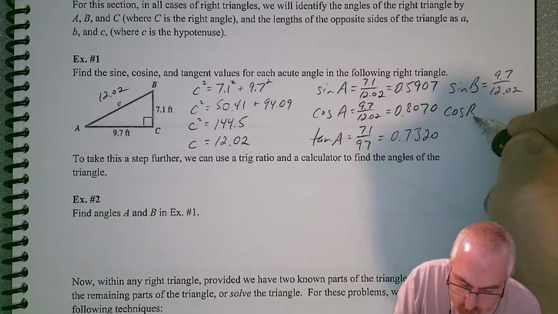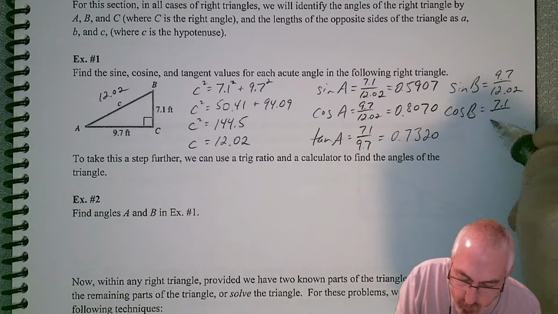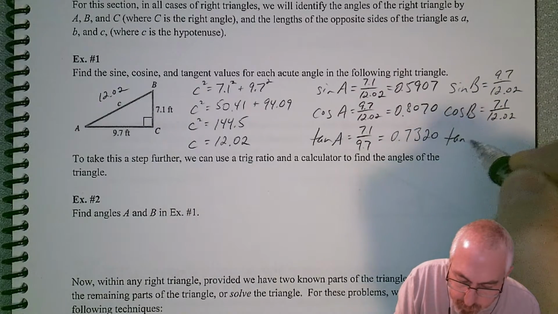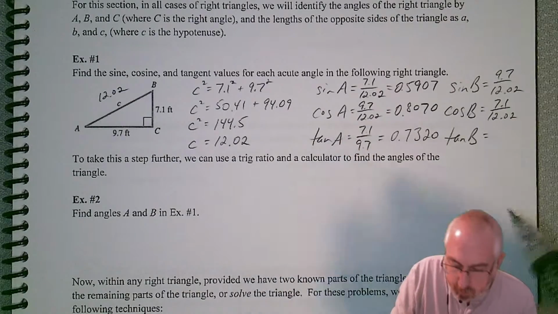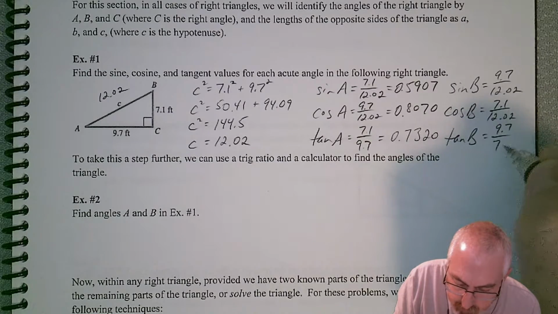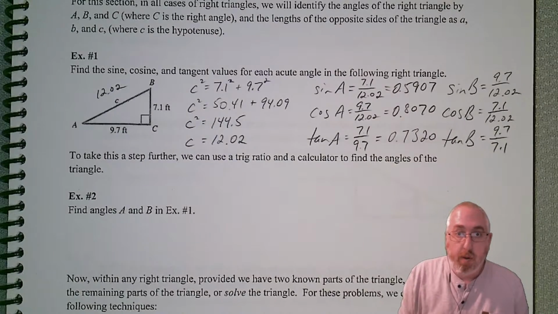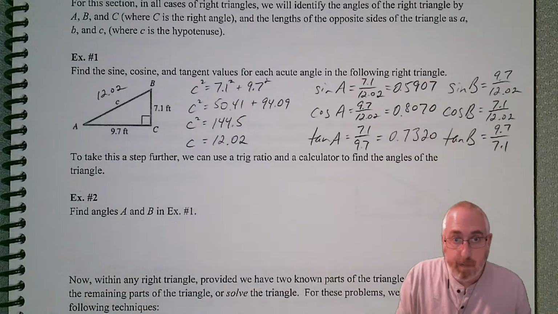So we're probably going to get 7.1 over 12.02. And then our tangent is just going to be the reciprocal. So 9.7 over 7.1. And there we have it. So all they wanted was the value. So they just want this decimal value, and that's it.